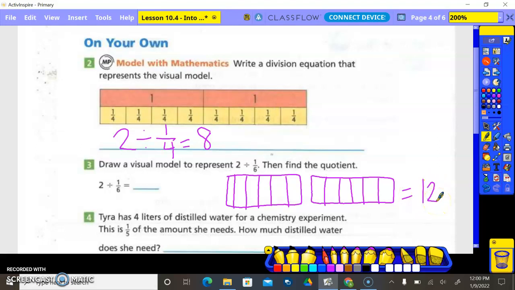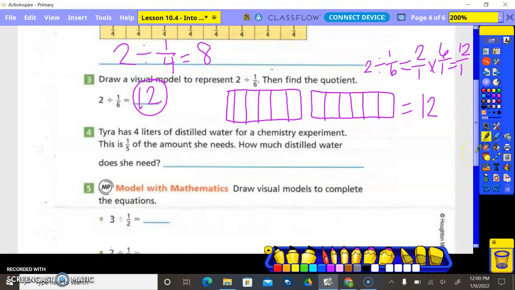Now if we work that out, 2 divided by 1/6 equals 2/1 times the reciprocal of 1/6, which is 6/1, which gets us 12/1, which we also know equals 12. So our answer is 12.